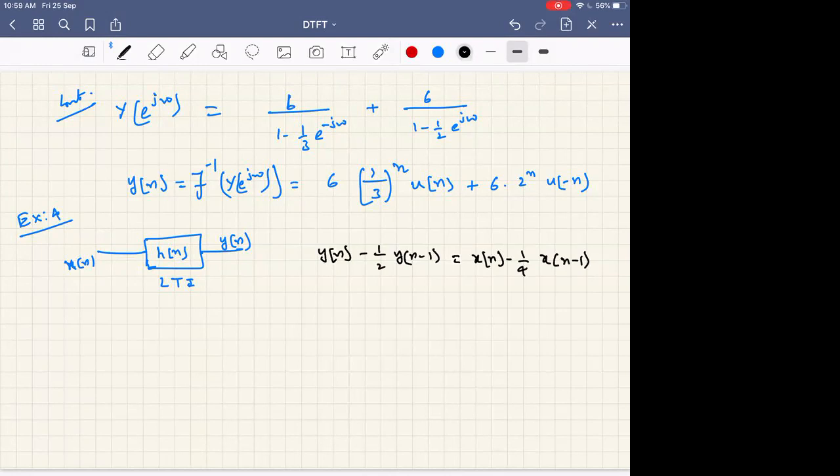That means it starts from n equal to 0. If x of n is equal to 0 for n less than 0, y of n is also 0 for n less than 0. Now assume that we want to find the impulse response of the system.